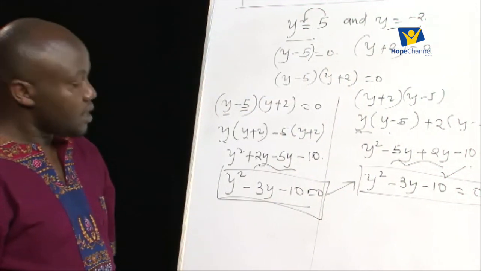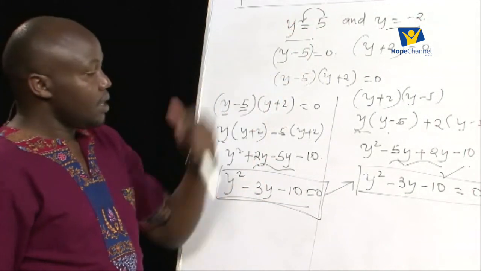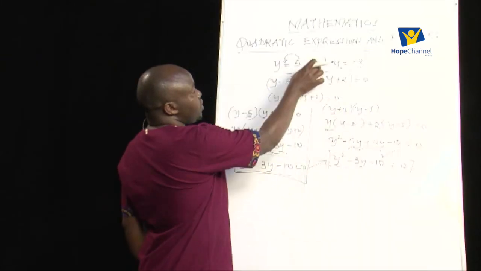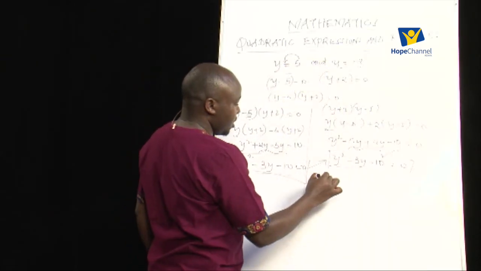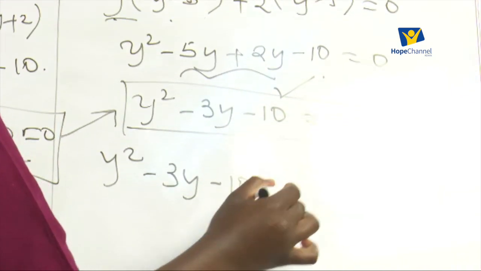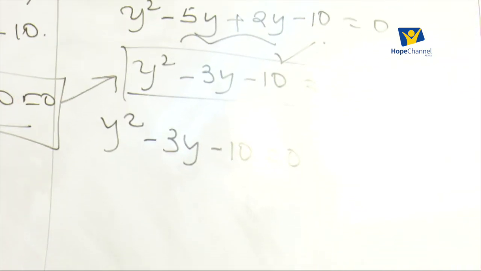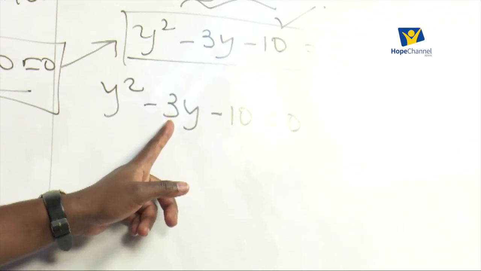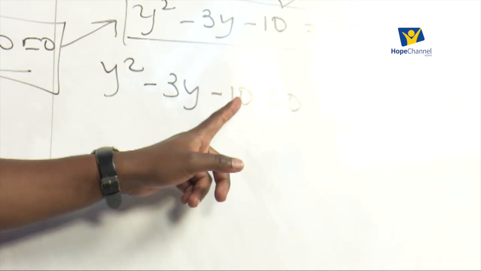How do we prove that this is exactly what was used? Let's now move from this quadratic equation to get these roots. So y squared minus 3y minus 10 is equal to 0. How do you solve that? You find two numbers that when you add, you get -3, and the same numbers when you multiply, you get -10.